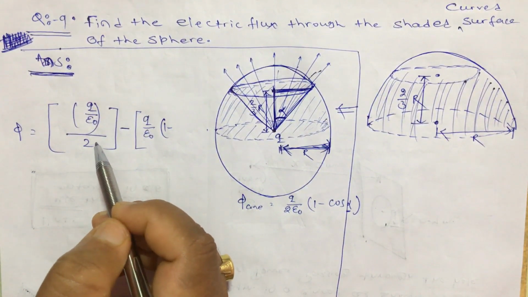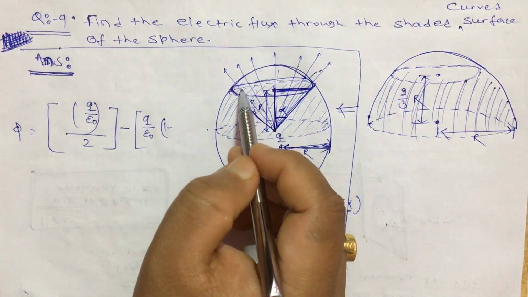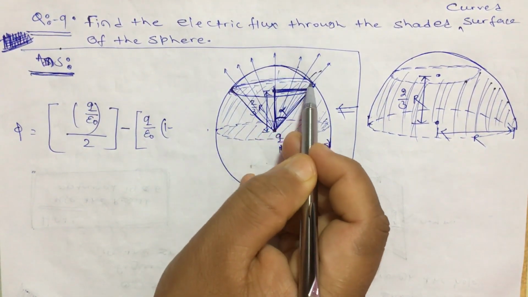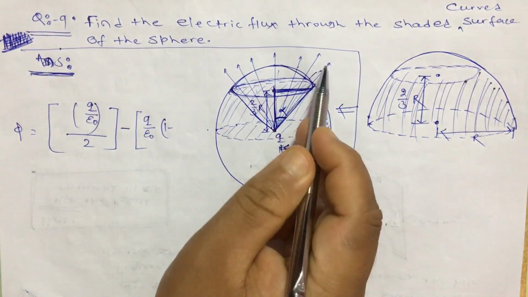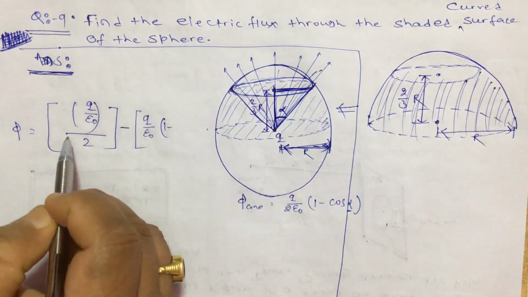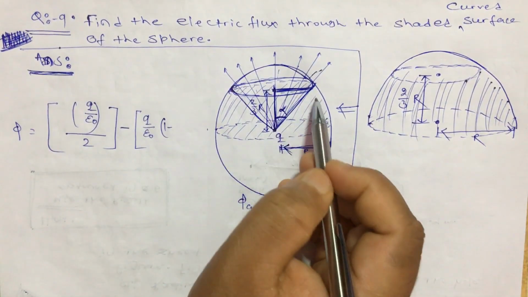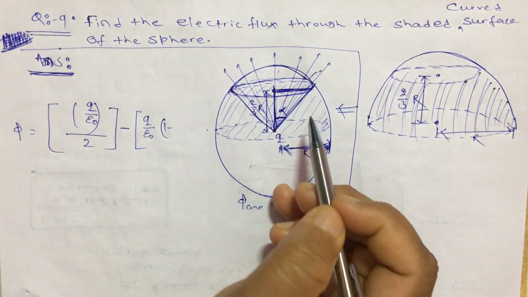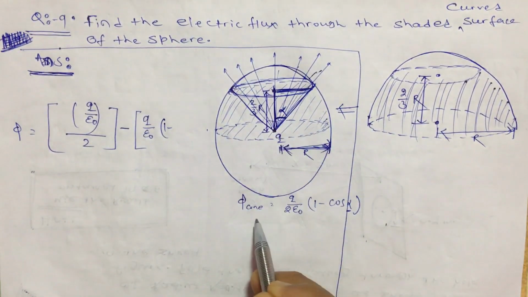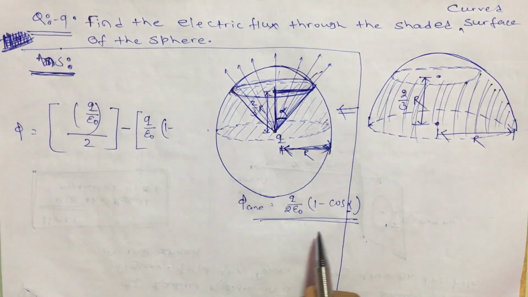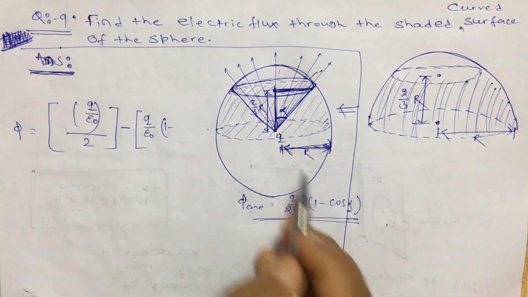And if we subtract the flux passing through this cone from this answer, then obviously we will find the remaining flux passing through the shaded region. Is it clear? For this cone, we know the flux formula is this. Here cos alpha, what is alpha?